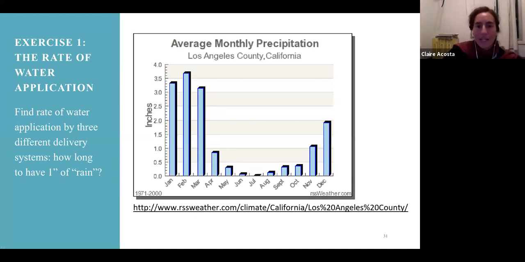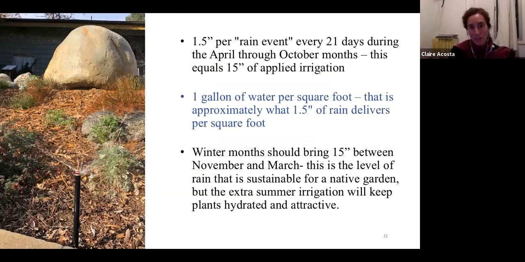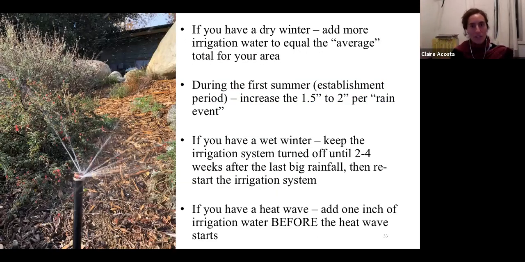So if you have a dry winter and you're not reaching those, you want to add more irrigation water to equal the average total for your area. So you want to make sure you're putting down irrigation, like your 1 inch or potentially 2 inches or whatever per month, so that they are getting those wet rainy season conditions, or mimicking that wet winter.